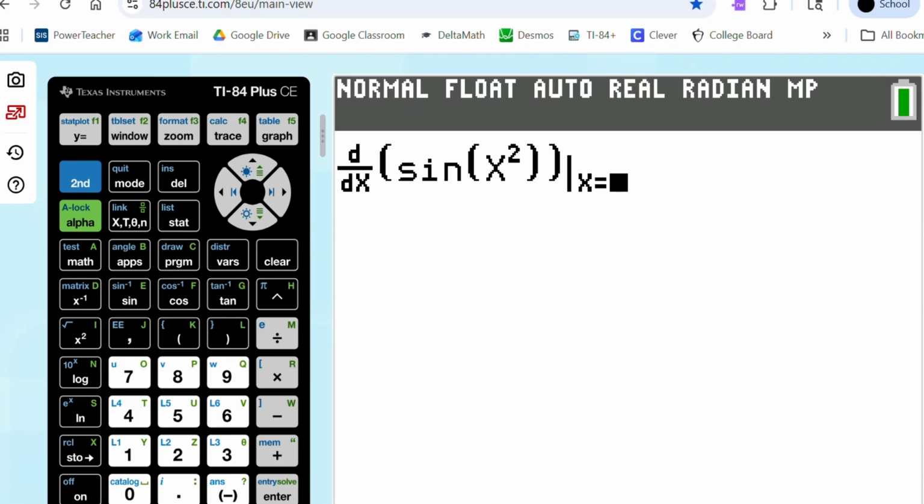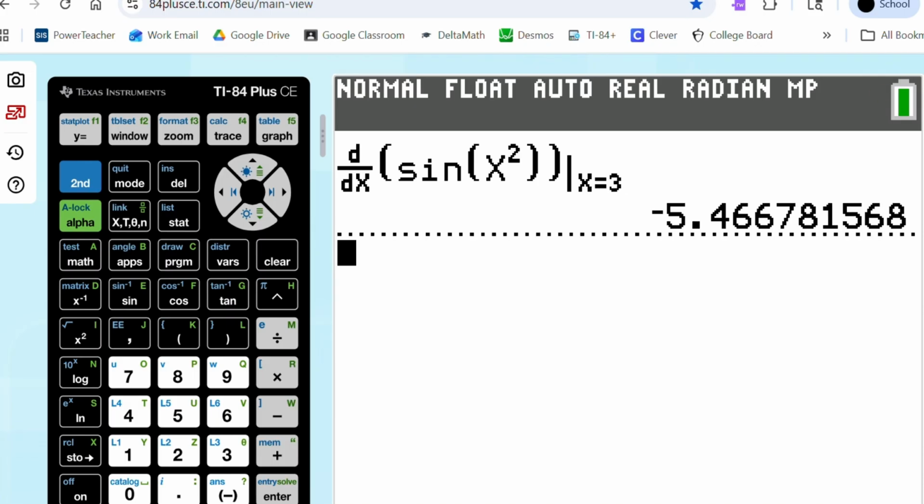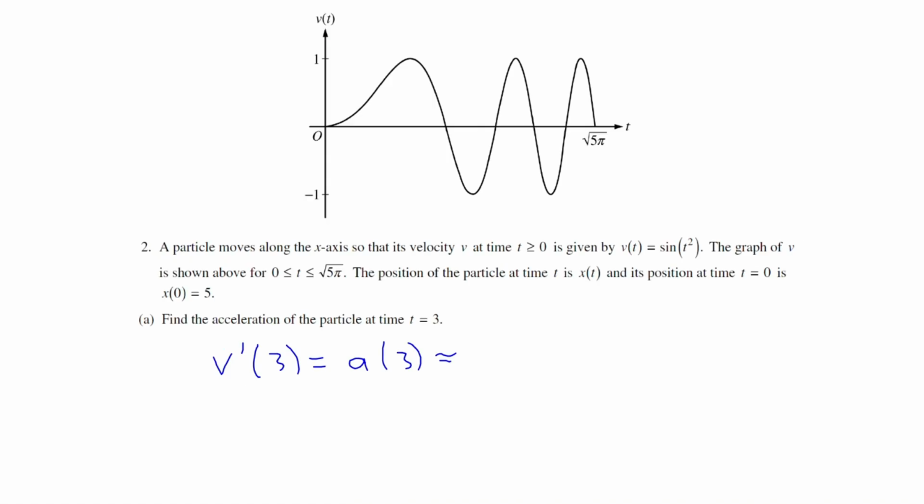And we want to find this value at x equals 3. So when we do that, we just get negative 5.467. And they gave you 1 point for doing that correctly.